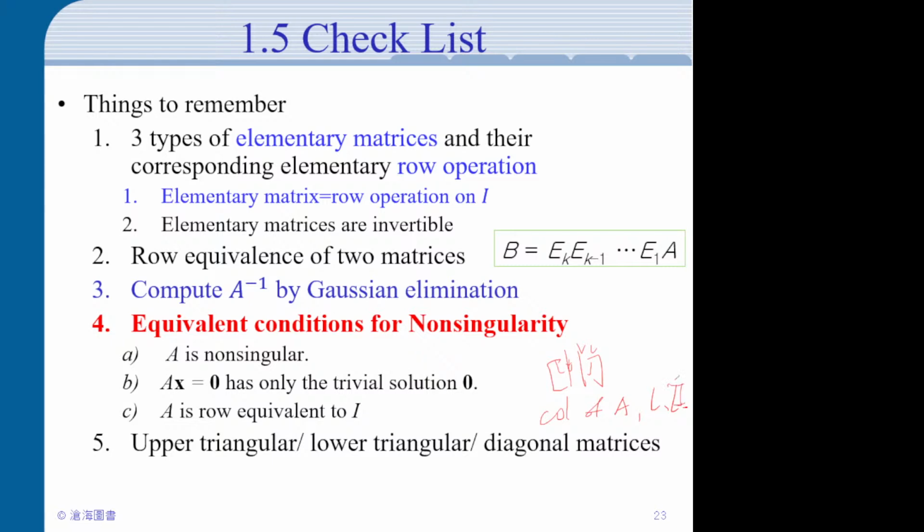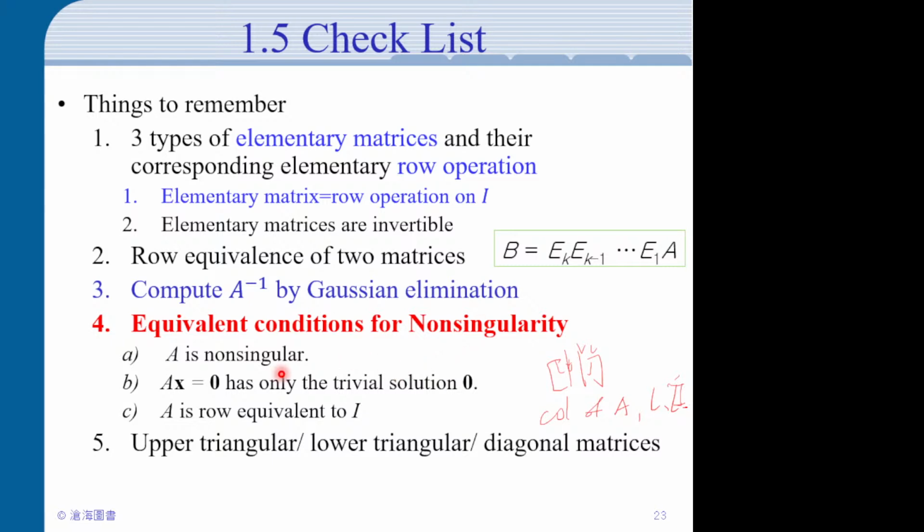The columns of A are linearly independent, and you can feel that it's the same thing. That means when you go to reduced row echelon form, you should only have lead variables.